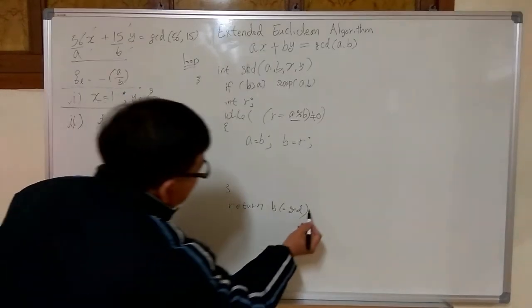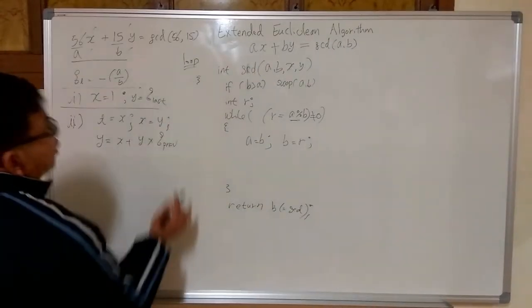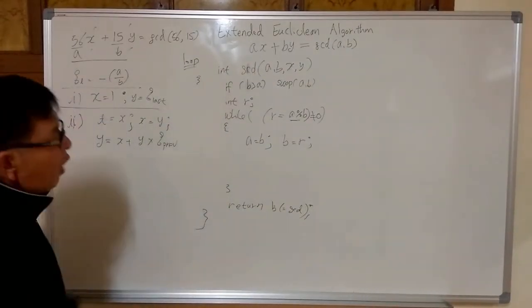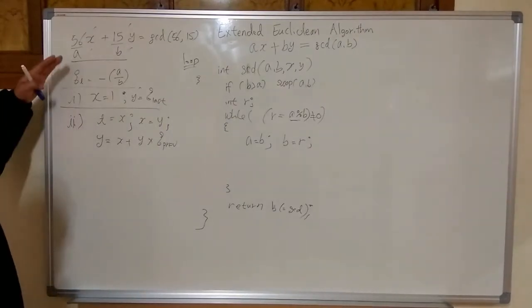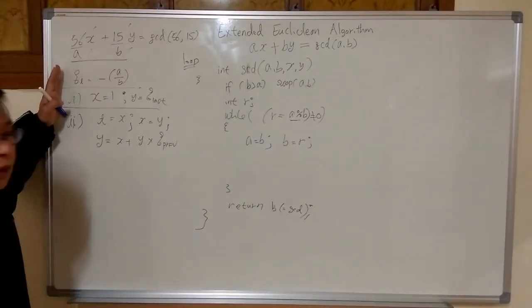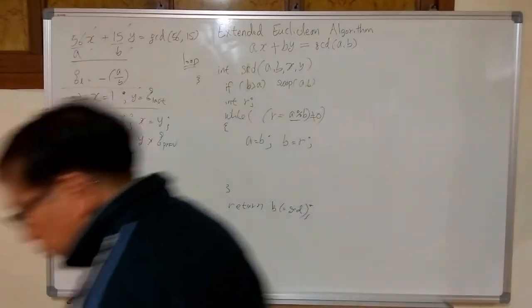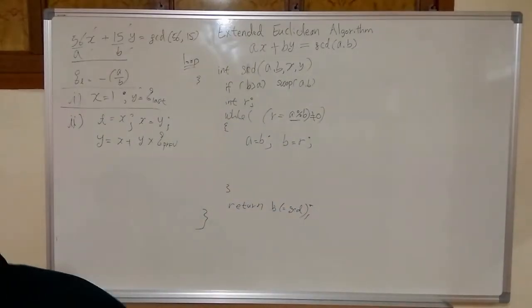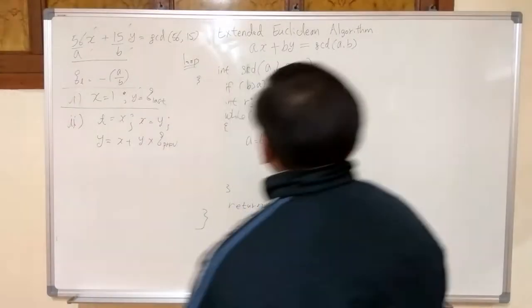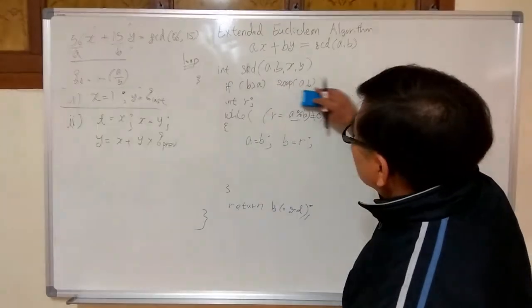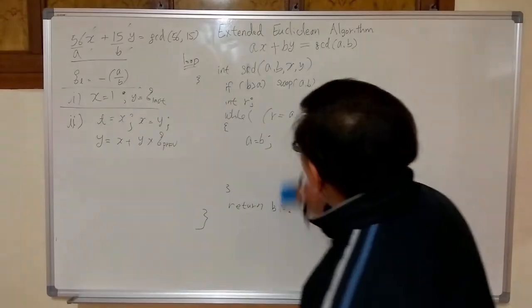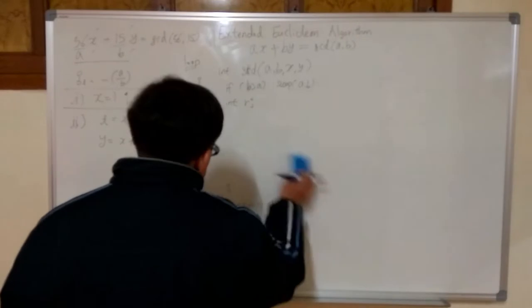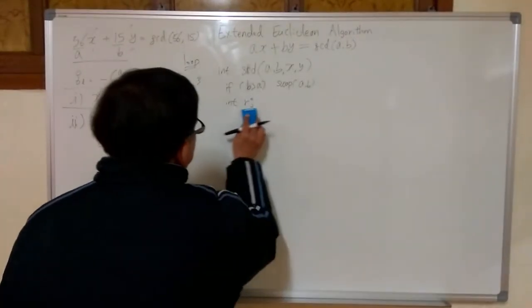Okay, this is our Euclidean algorithm. Now I'm going to expand it to include this equation. To expand it, I will erase this part and declare some more variables.